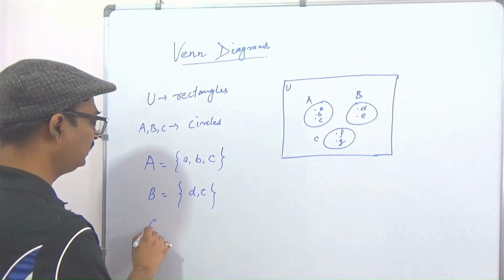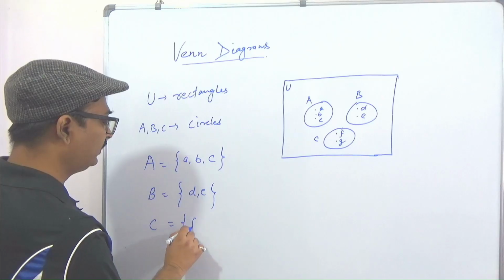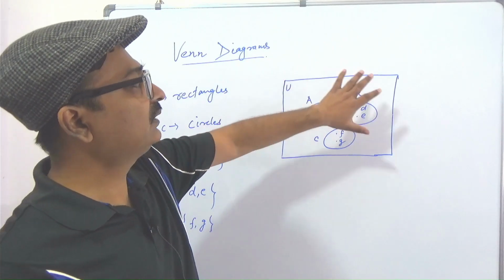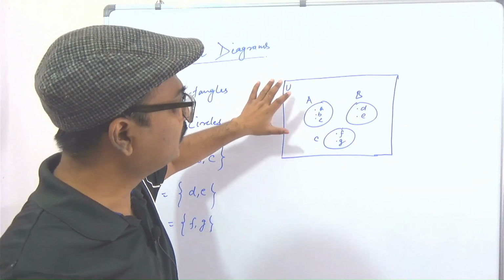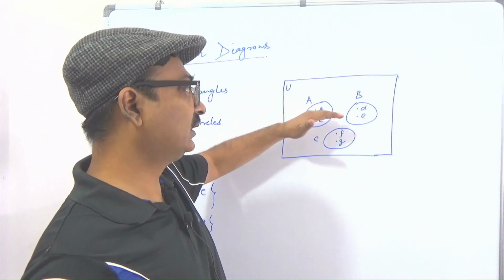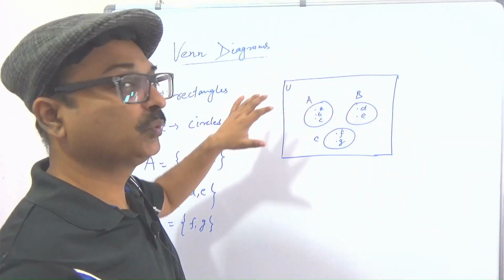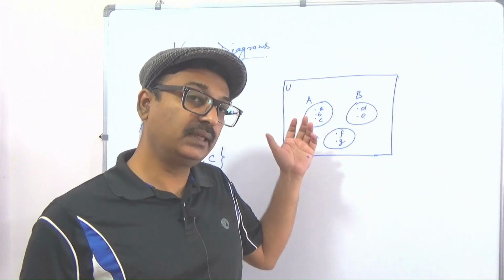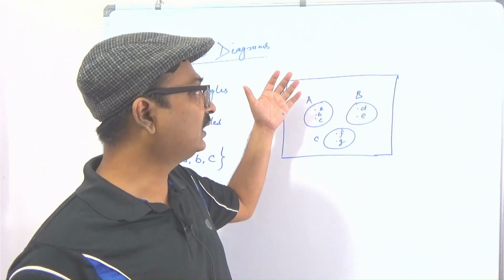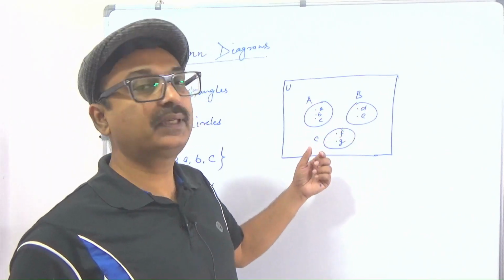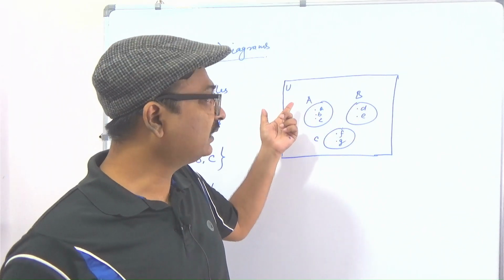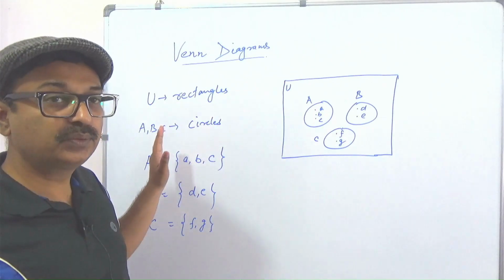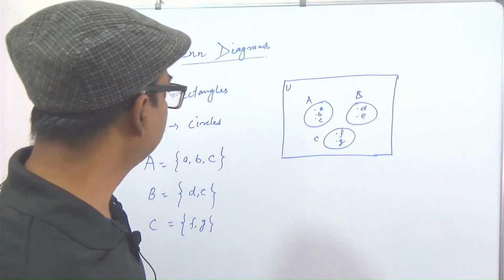So this is how we represent the universal set and its subsets A, B and C in a Venn diagram. Later on, when we study operations on sets, we'll see how they can be very comfortably represented and explained through Venn diagrams. So by now I think this is clear to you, so I'll move ahead.